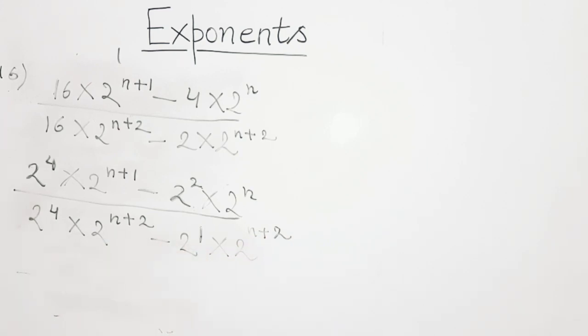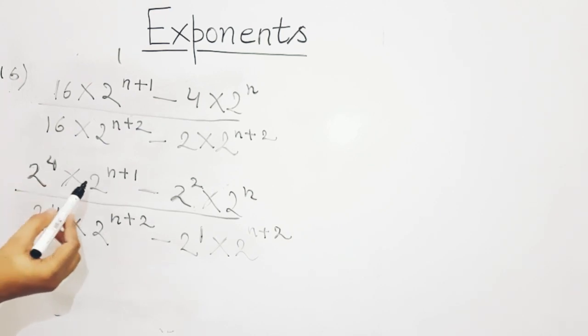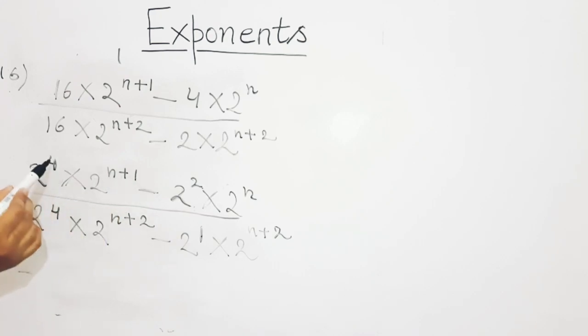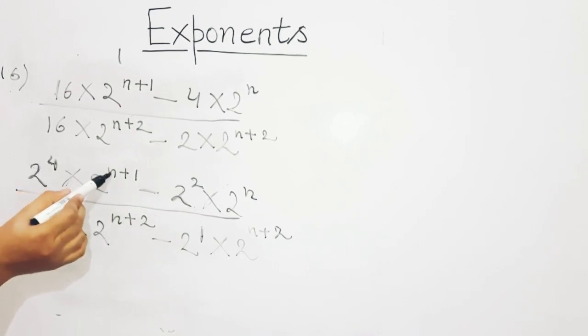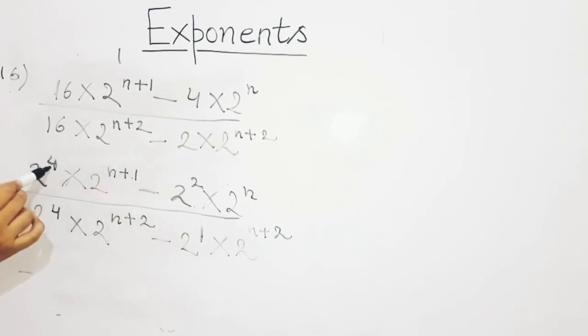Now we have made the bases same. Once the bases are same, the powers can be easily added. Okay? So when you add, what will n plus 1 plus 4 become? n plus 1 plus 4.